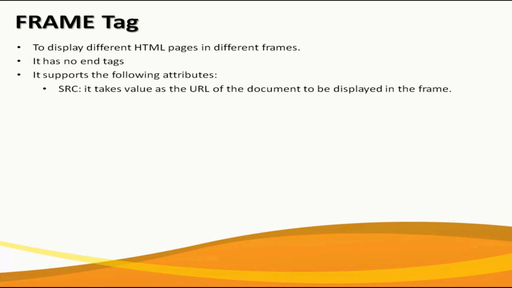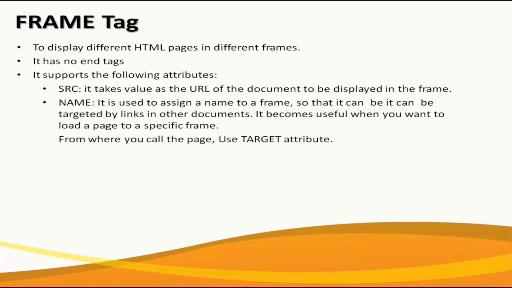First one is src. The src attribute takes as its value the URL of the document to be displayed in the frame. Frames without the src attribute are displayed as a blank space of the size of the frame. Next one is the name attribute. It is used to assign a name to a frame so that it can be targeted by links in other documents.